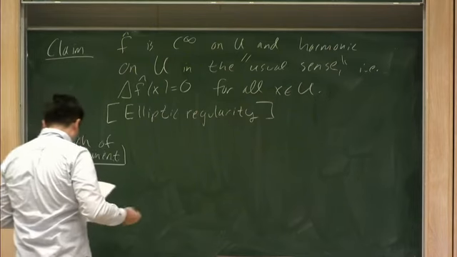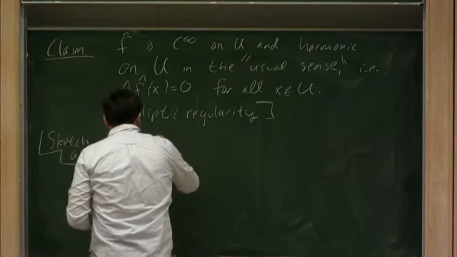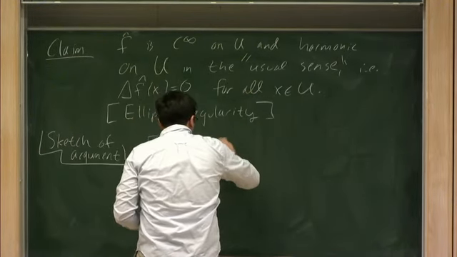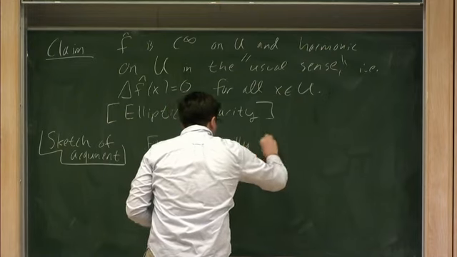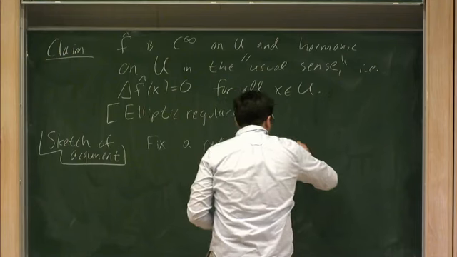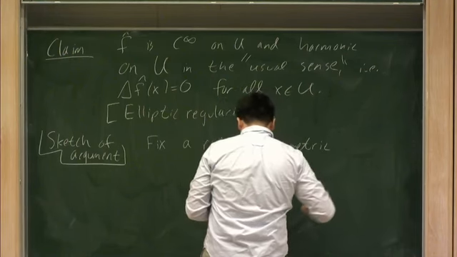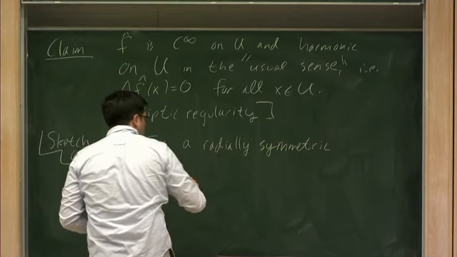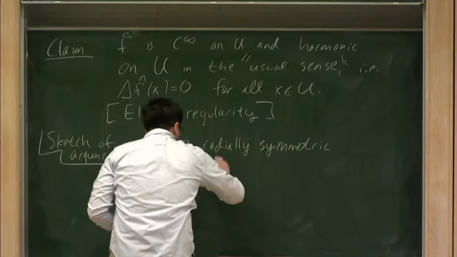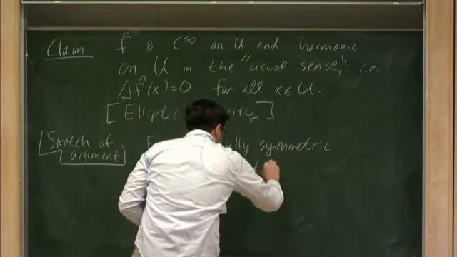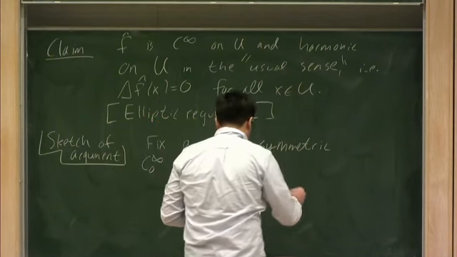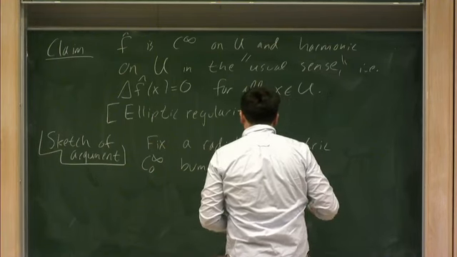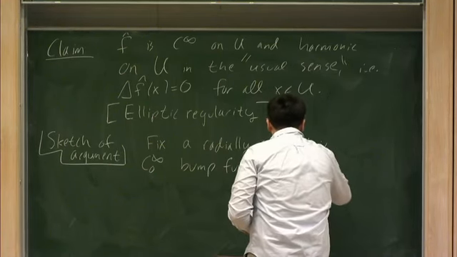To prove this, I'm going to fix a function which is radially symmetric, compactly supported and C infinity, and it's going to be a bump function. Let me call it phi.